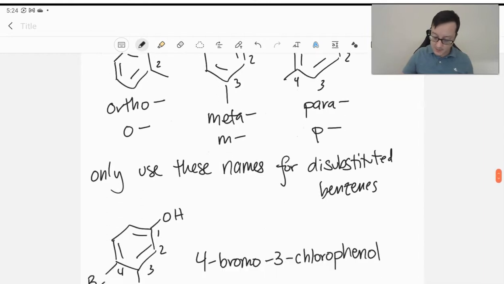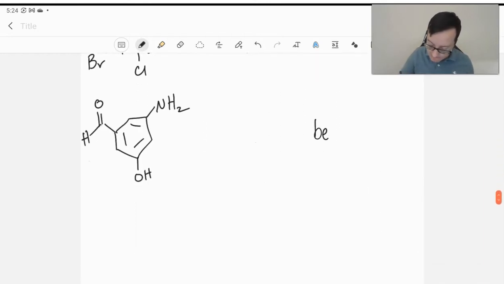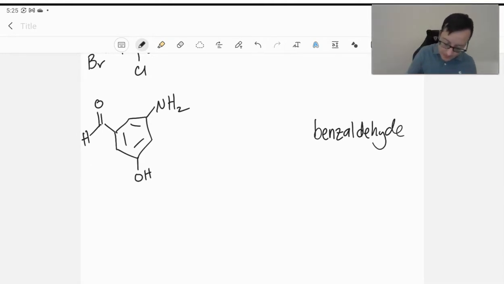as substituents. So we know that this will be benzaldehyde as the parent name. And we have to decide now, which way are we going to go with this? Well, you always want to give your second highest priority group the lowest possible numbers, if there's ever a discrepancy.